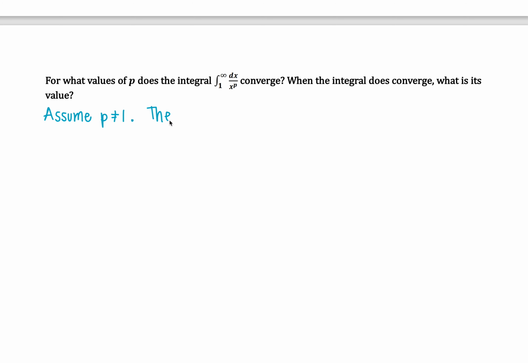So let me go ahead and write this out. Again, we're going to take it from 1 to b and look at the limit as b approaches infinity. Now, we can integrate this. 1 over x to the p is the same thing as x to the negative p power.